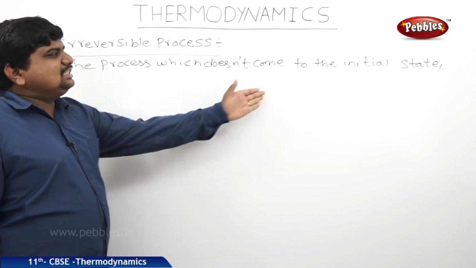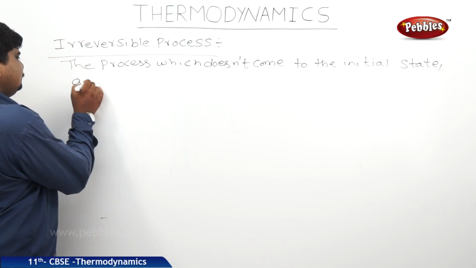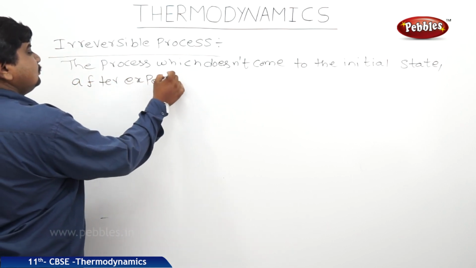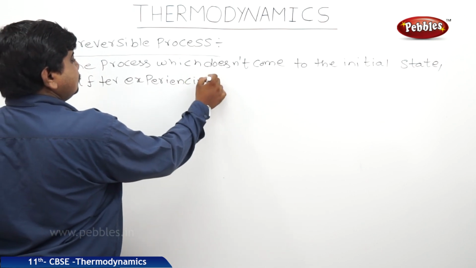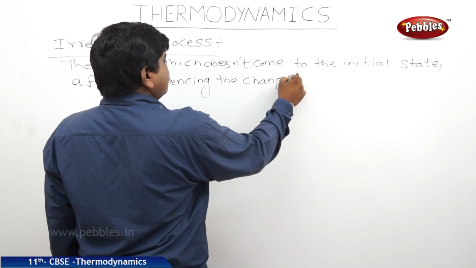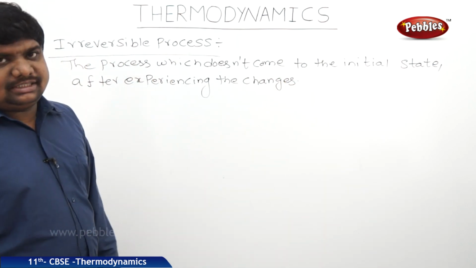So the process which doesn't come to the initial state after experiencing the changes, this type of process is called an irreversible process.